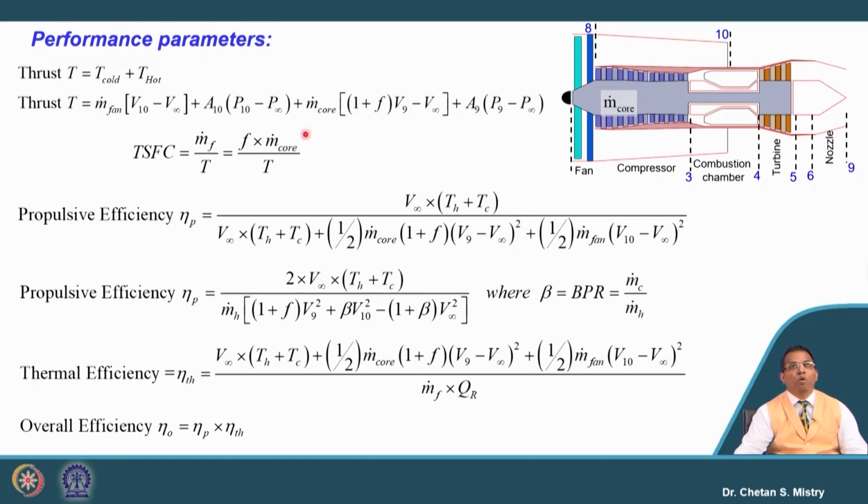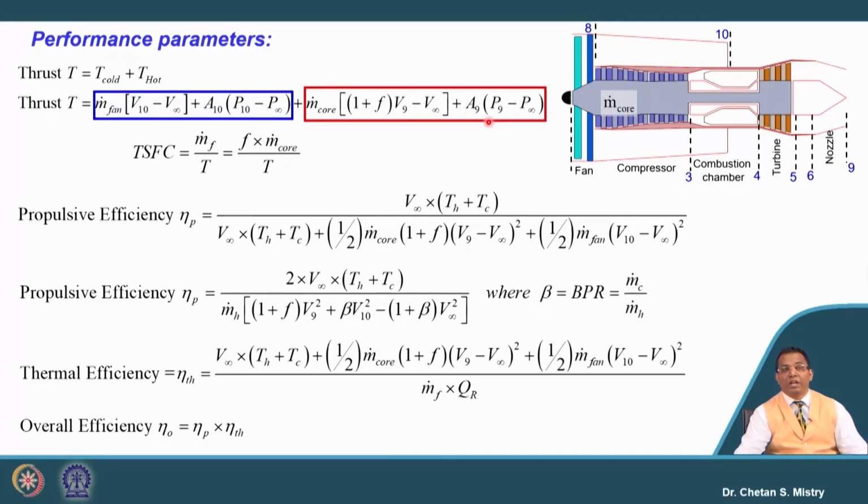So, cold thrust is given by m dot f into (V10 minus V infinity) plus A10 (P10 minus P infinity). This represents my cold thrust. In the same way the hot thrust is given by m dot core into (1 plus f) (V9 minus V infinity) plus the pressure thrust for the core engine. Okay. So, be careful in terms of the calculation for the turbofan engine.